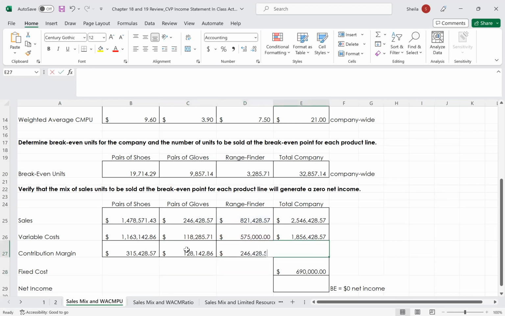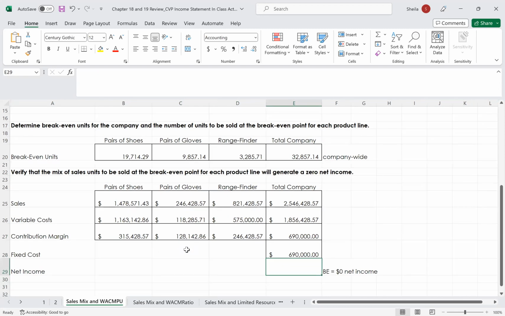Now I can do this both ways. I can either take my total company sales minus my total variable costs, or I can simply sum up my contribution margin for each of my products, which I probably should just to make sure it works. And when I take contribution margin minus fixed cost, I've broken even.